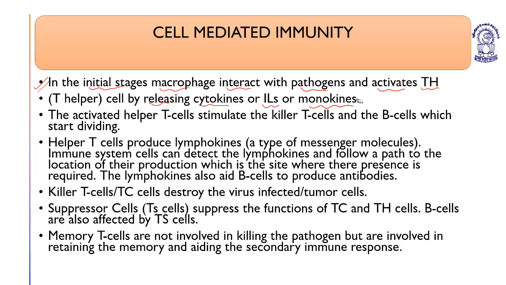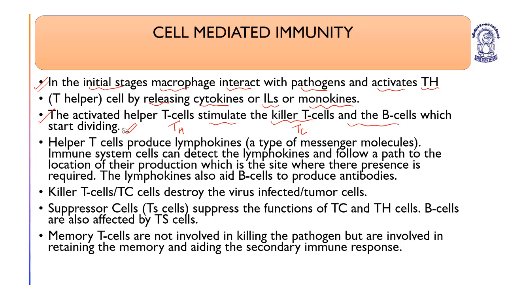The activated T helper cells stimulate the killer T cells or TC, the T helper cells TH, and the B cells, which start dividing. When B cells start dividing, they differentiate to form the effector B cells, which are known as what? Plasma cells, and the primed cells known as the memory cells.